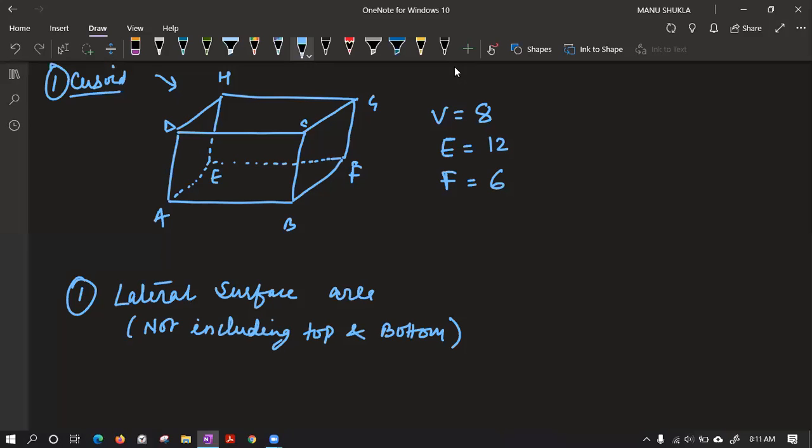So class, if I take AB as small l, if I take this BF as small b, that's its breadth, and this GF as h, please tell, to understand the lateral surface area. Yes, Ayush, you are correct.